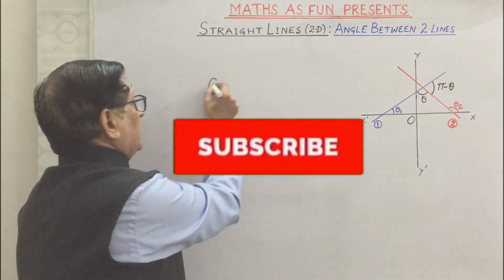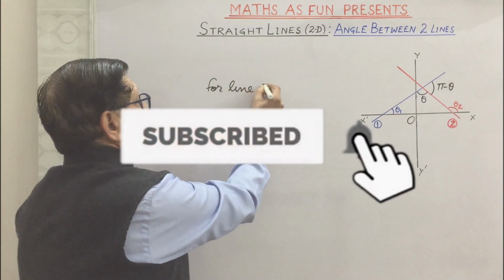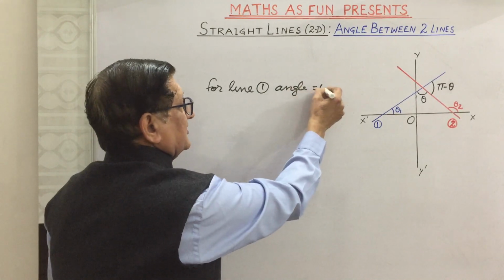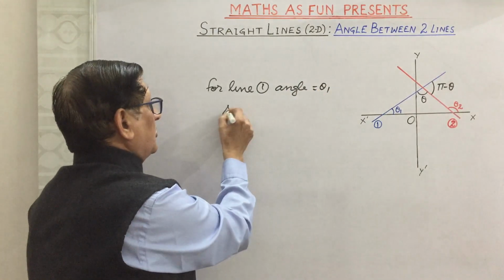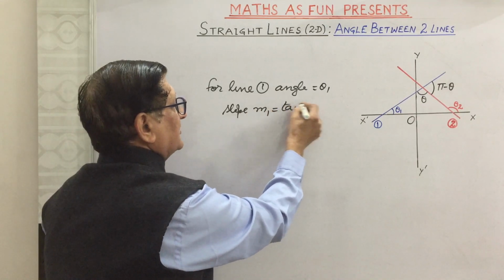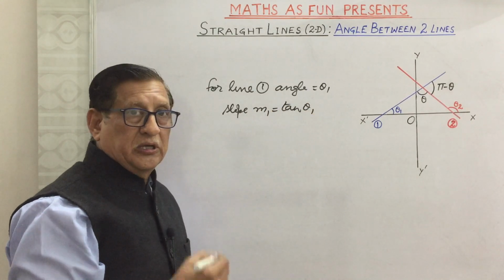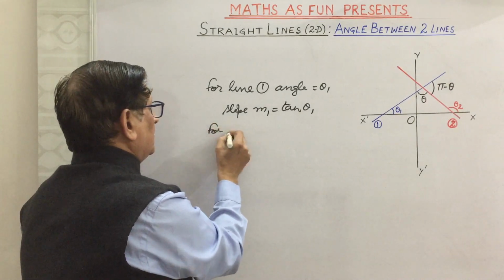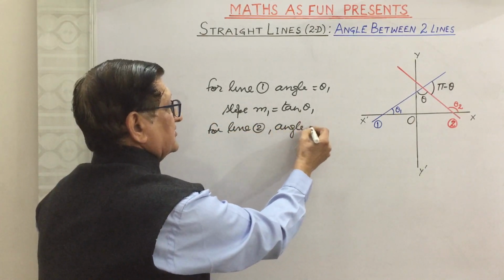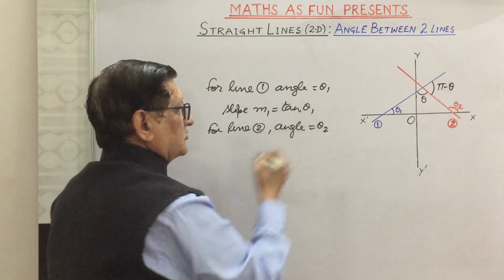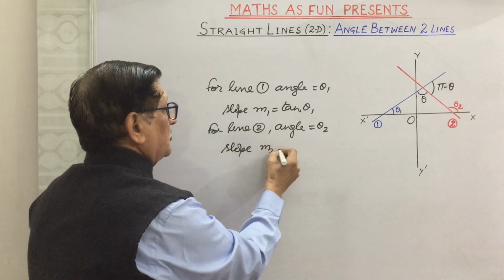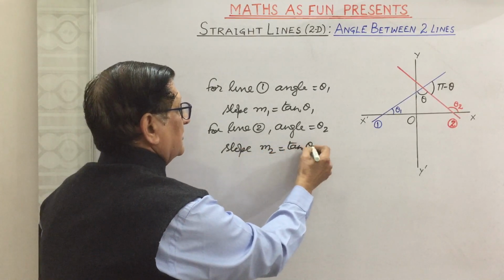Then for line 1, the angle with x-axis is theta 1, which means the slope of the line, that is m1, will be equal to tan theta 1. Similarly for line 2, the angle with the x-axis in the positive direction is theta 2, and hence its slope is m2, which is tan theta 2.